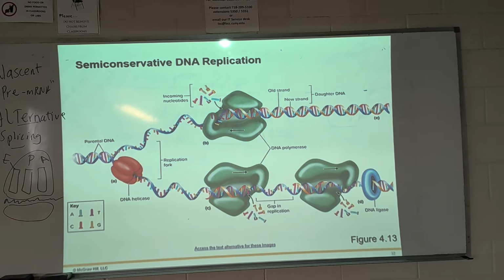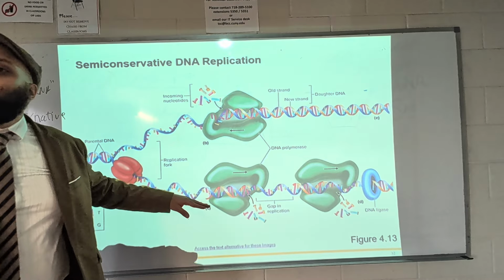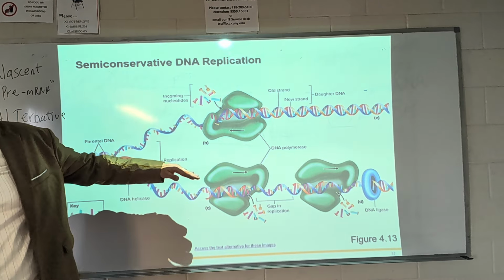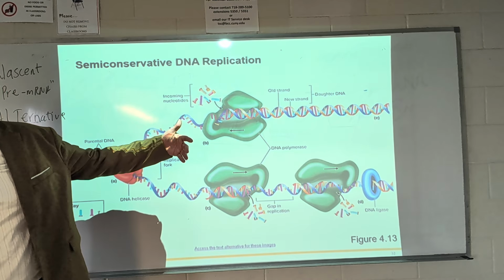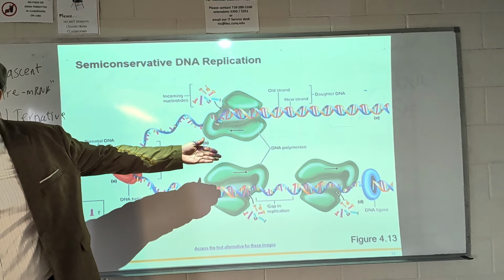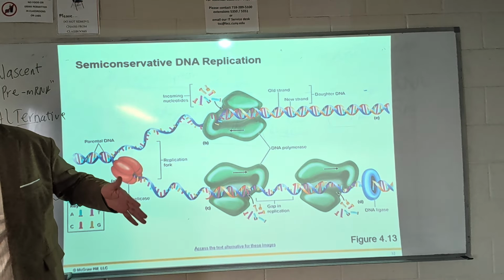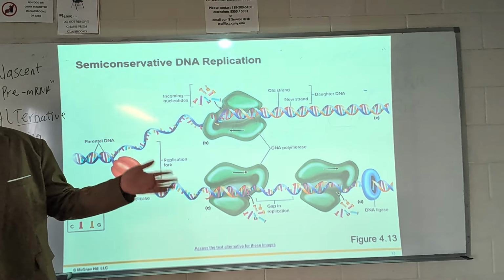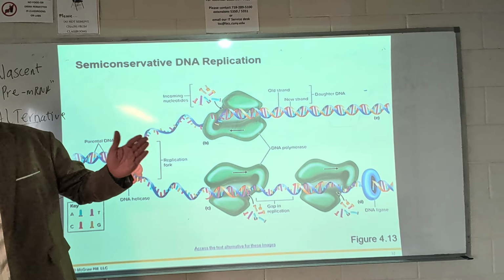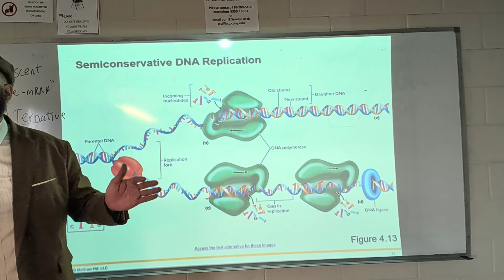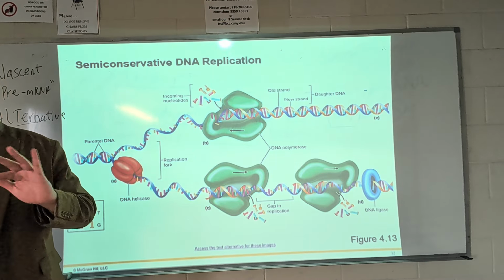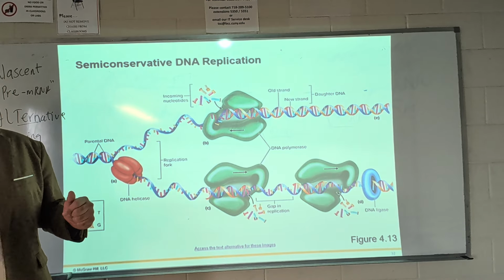What does semi-conservative and discontinuous mean? Semi-conservative means we start off with a parental strand, and then we make a copy to get a daughter strand. That's why it's semi-conservative. Start with a parent, you end up with a daughter. Semi-conservative, not fully conservative, partially conservative.